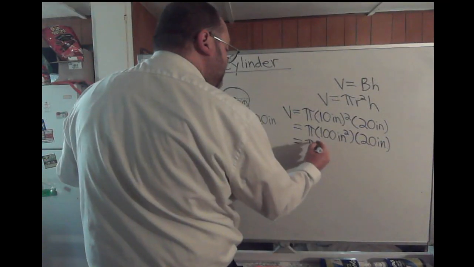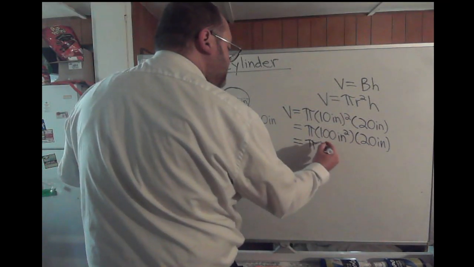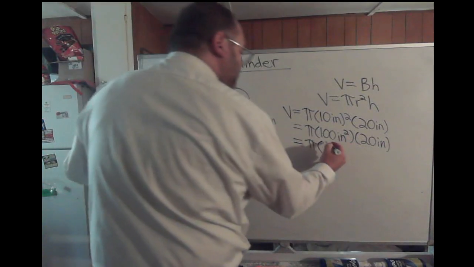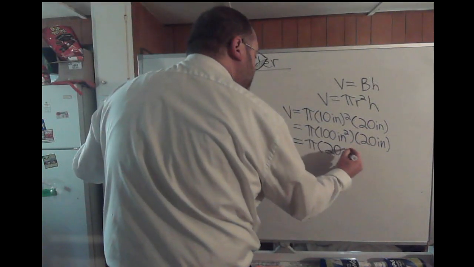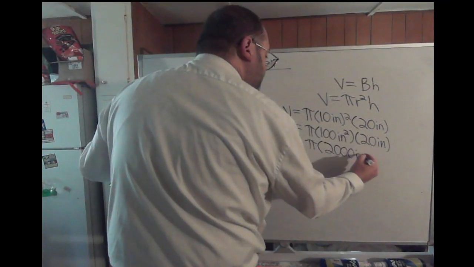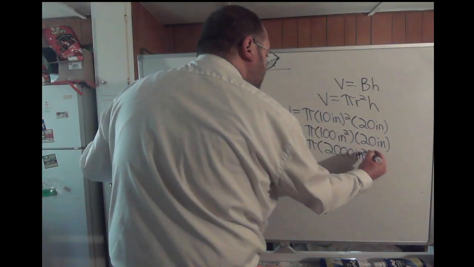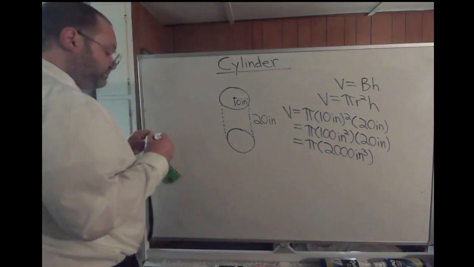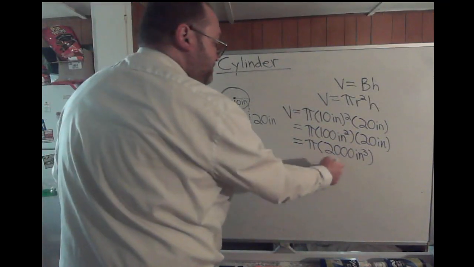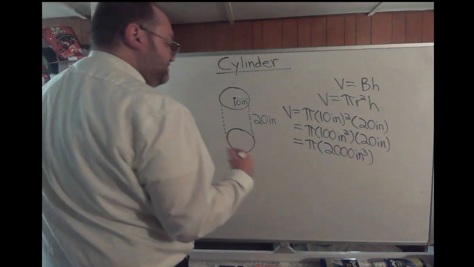We'll leave pi on the outside, of course. Then we have 100 times 20, that would be 2,000. Inches squared times inches, that'd be cubic inches. So now you're left with pi times 2,000 cubic inches to get your volume.